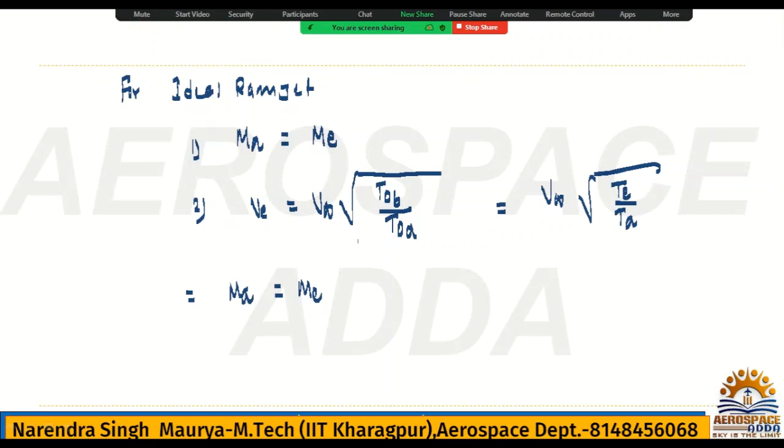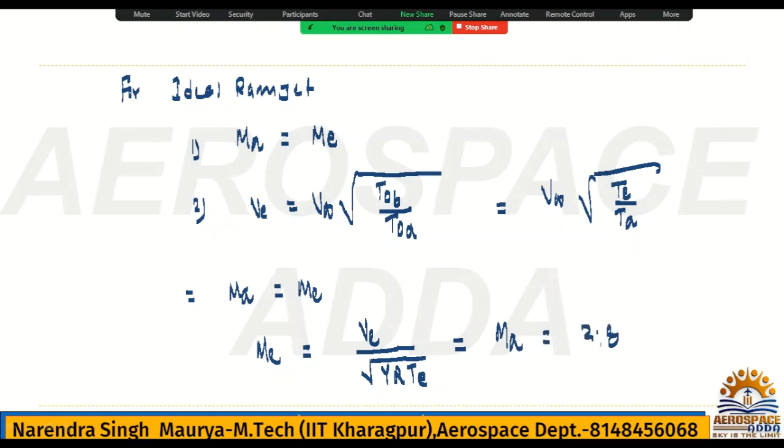In this relation, ME is nothing but VE, exit velocity, because we have to find exit velocity, divided by root of gamma R TE, exit static temperature. Yes or no? ME is the exit Mach number, and we have to find the velocity at the exit. Hence, I have written VE divided by root of gamma R TE. This formula I can write easily. And this is equal to M A, which is given how much?